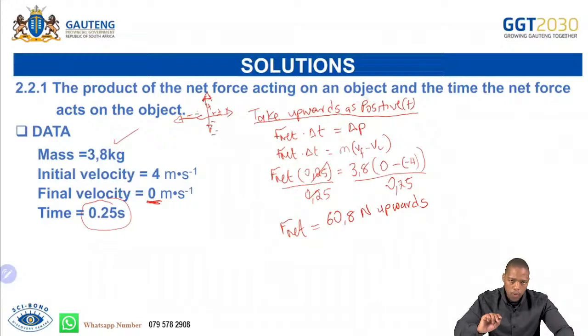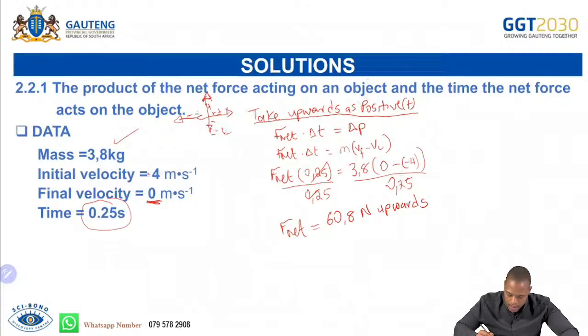So if upwards is positive and the cat goes down, that means its velocity is going in the negative direction. So if it's going in a negative direction, then this 4 must be substituted as a negative. Okay, that's why I'm substituting this 4 as a negative there. So the F net becomes 60.8 newtons upwards.